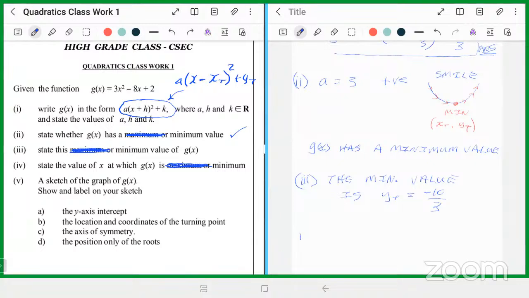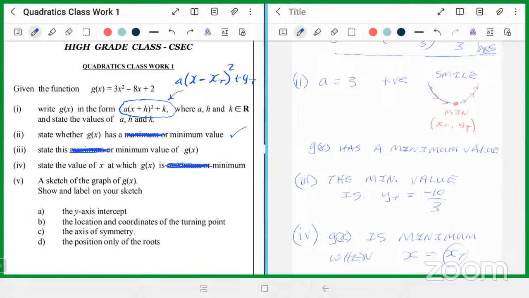All right, so part 4, they're asking us for the x value when the function is minimum. So we can say g of x is minimum when the x value becomes equal to the xt value.